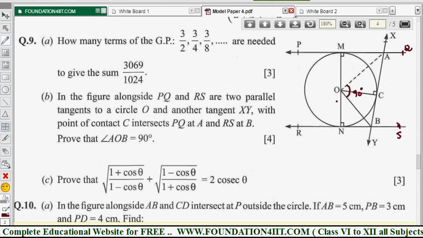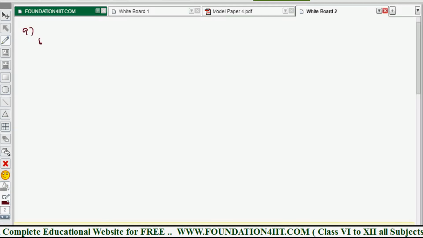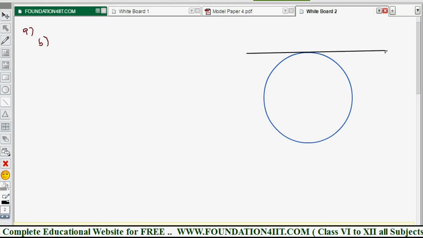Now let me take the diagram and we'll solve it simply. Two parallel tangents to one circle. So this is the circle, and let me take these two parallel tangents and one more touching the circle.